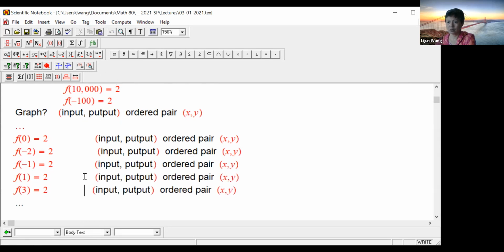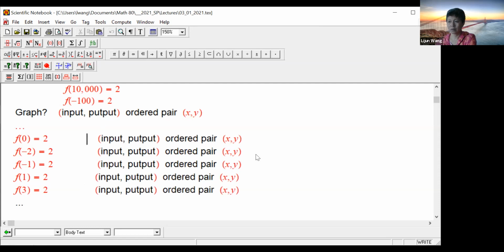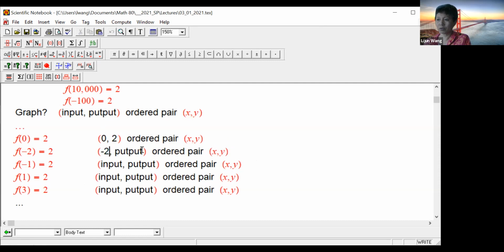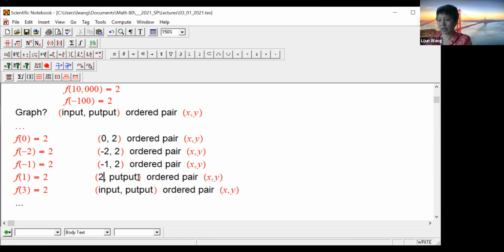The input is 0, output is 2. The input is -2, the output is 2. The input is -1, the output is 2. The input is 2, the output is 2. The input is 3, the output is 2.